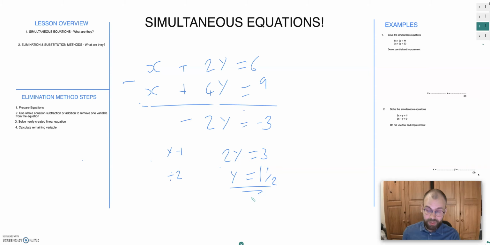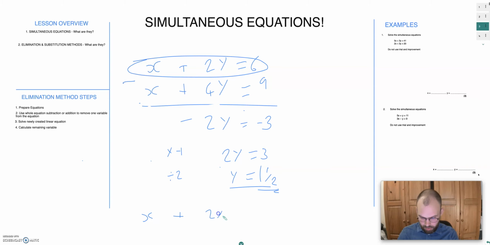Now all you have to do is work out x. And the way I would do this is I would throw that y back into the equation. And I would substitute in my new knowledge, which is that y is 1 and a half. So to work out x, we're going to use this equation and sub this answer back in. So x plus 2 times 1 and a half is 6.